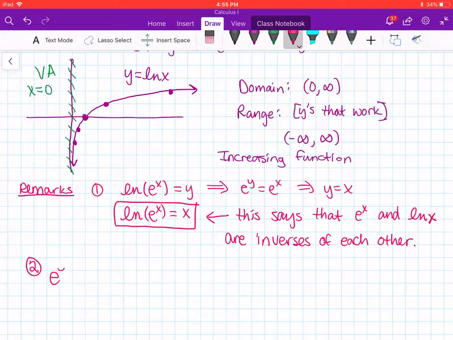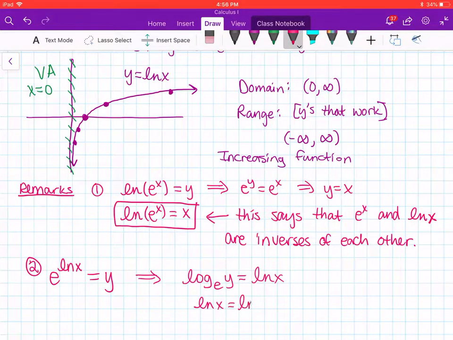Now, if we look at e to the natural log x, we can figure out what that equals. Let's say it equals y, and then we can change it into logarithmic form. So it's log base e of y equals the exponent, but log base e is natural log, so natural log y equals natural log x.